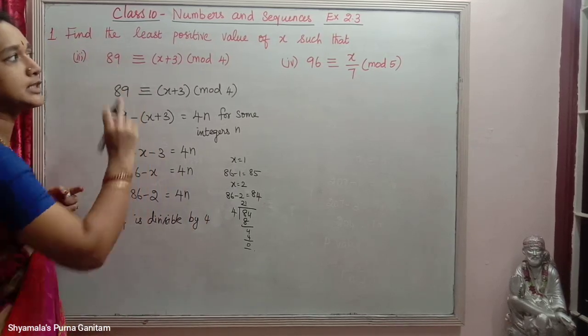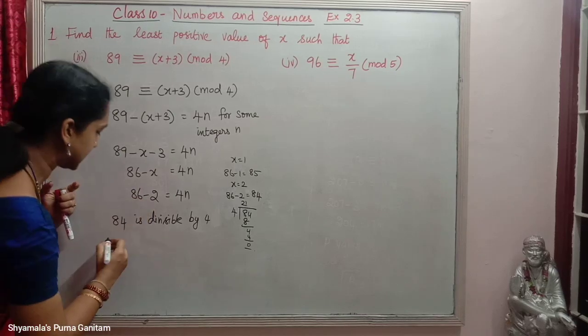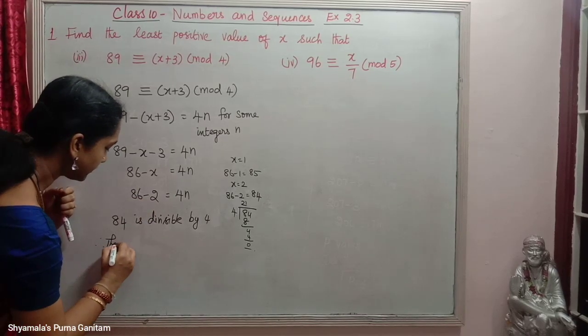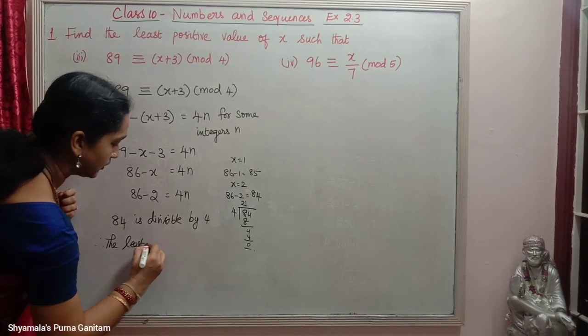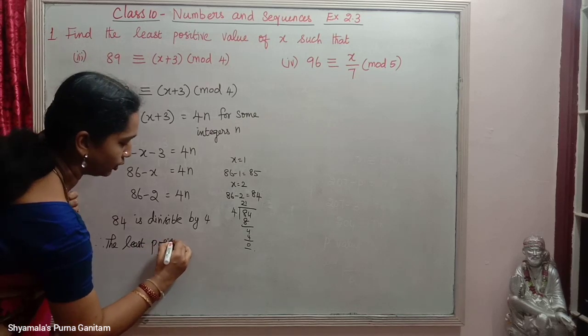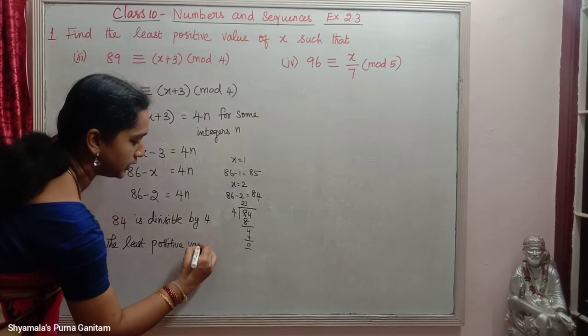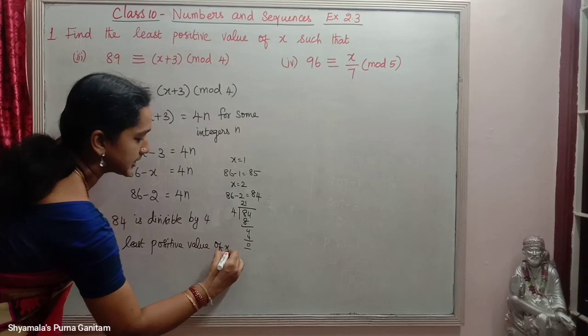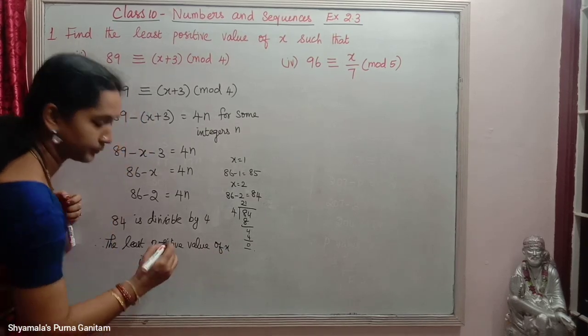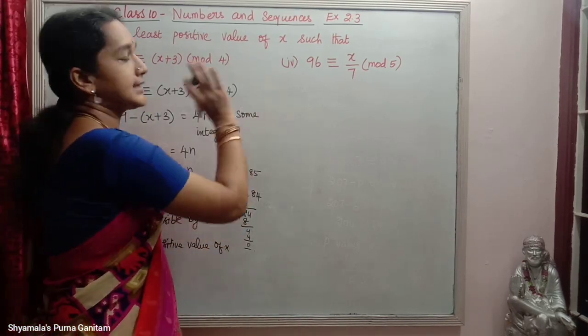So the least positive value of x is 2. Okay, then next sum.